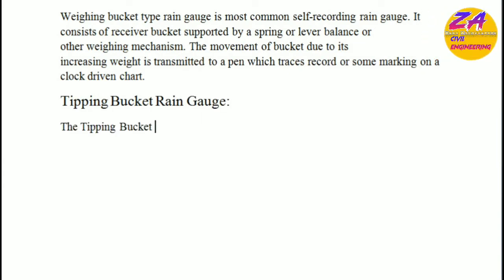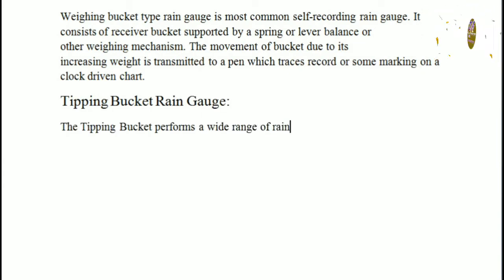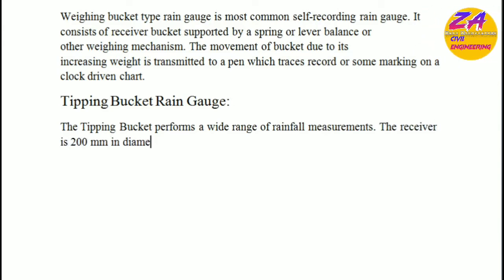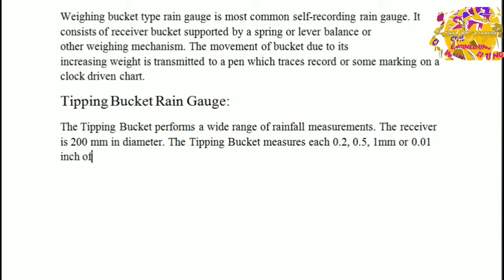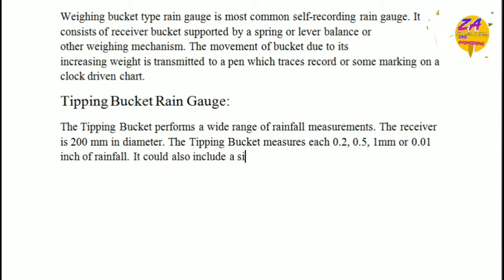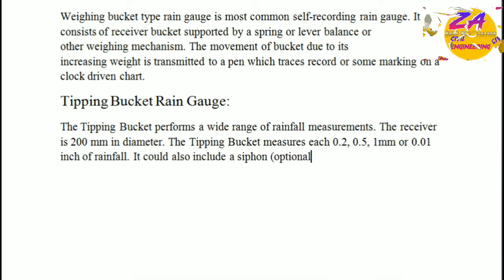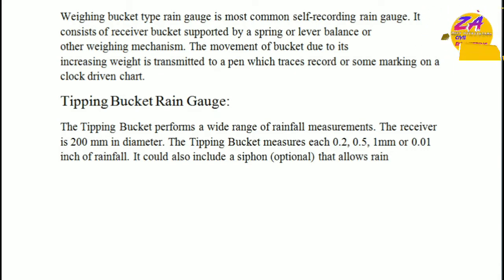Second, the tipping bucket rain gauge. The tipping bucket performs a wide range of rainfall measurement. The receiver is 200 mm in diameter. The tipping bucket measures each 0.2, 0.5 and 1 millimeters or 0.01 inches of rainfall. It could also include a siphon, which is optional.